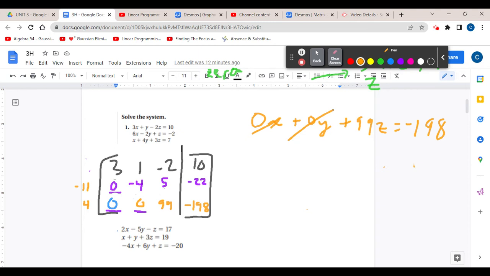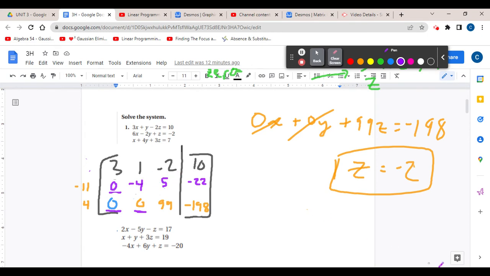Well, we can solve for z, right? Z can be negative 2. It's divided by 99. Now we go back to our second row. Okay, our second row, the x is eliminated. We just have y and z. Well, y and z is two variables, but we already know z.